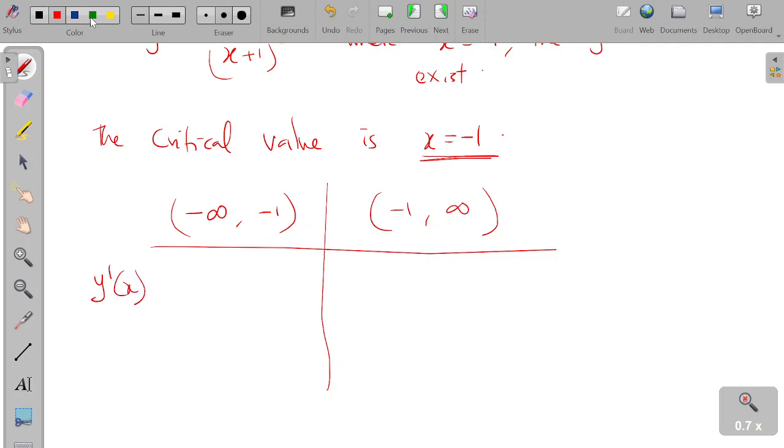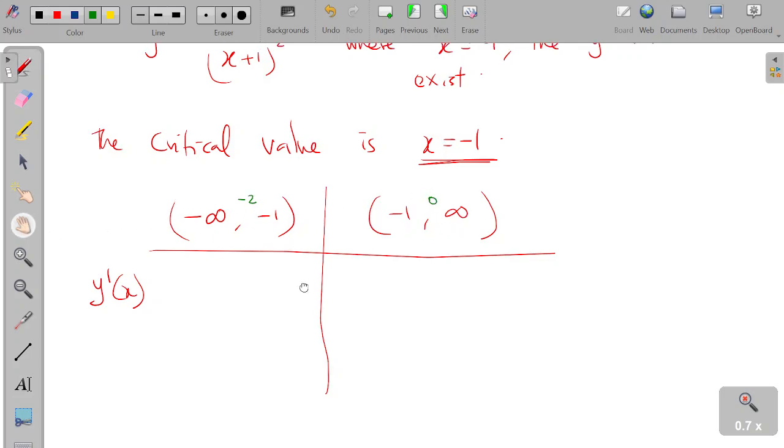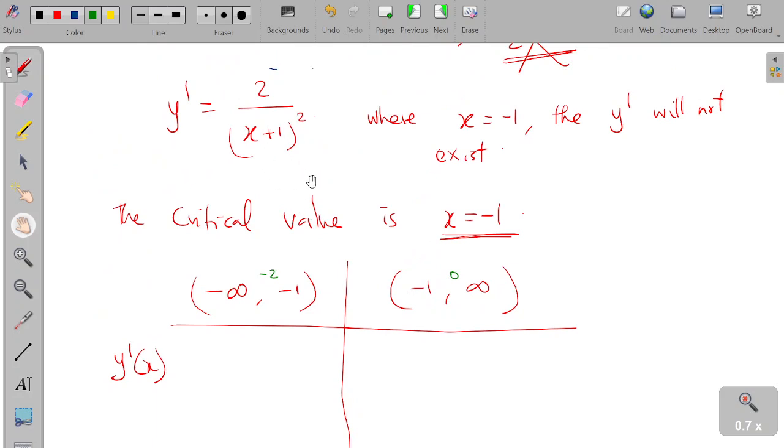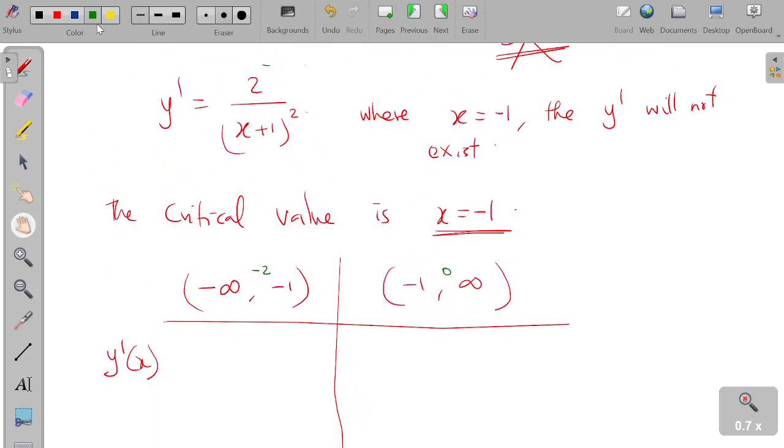If I pick any point in the first interval, I can pick negative 2, and I put it in my derivative to see if we get positive or negative.